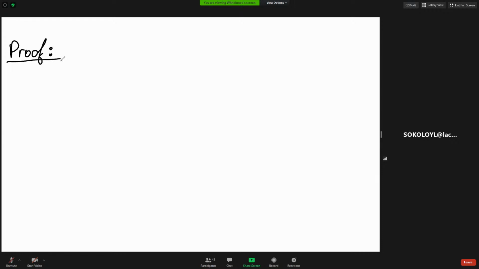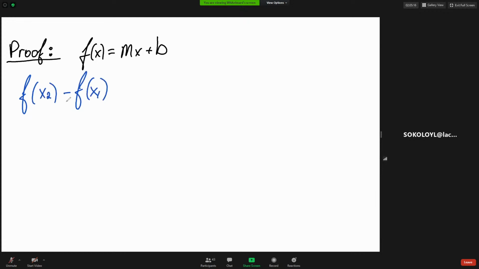We start by saying that we have a linear function, general form, f of x equals mx plus b, using arbitrary m and b, not specific values. Then we know that the average rate of change is defined in the following way. It's f of x sub 2 minus f of x sub 1 over the difference, x sub 2 minus x sub 1.